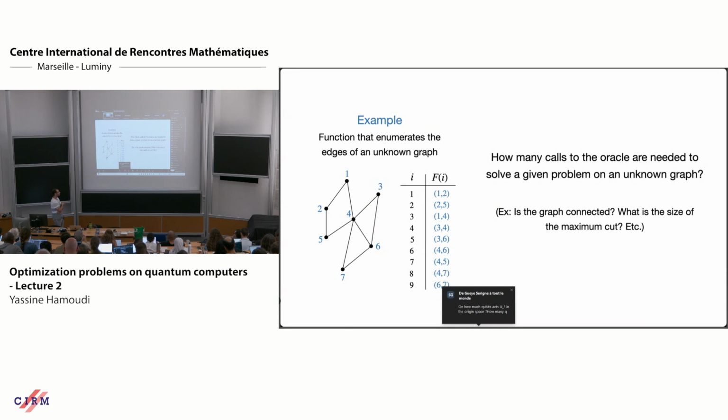The graph is unknown initially, but if you decide to query indices between 1 and m, the number of edges, then the oracle would tell you what are the vertices belonging to that edge. For instance, you may want to know: is the graph connected? What is the size of the maximum cut? And you would like to make as few queries as possible to the description of the graph.